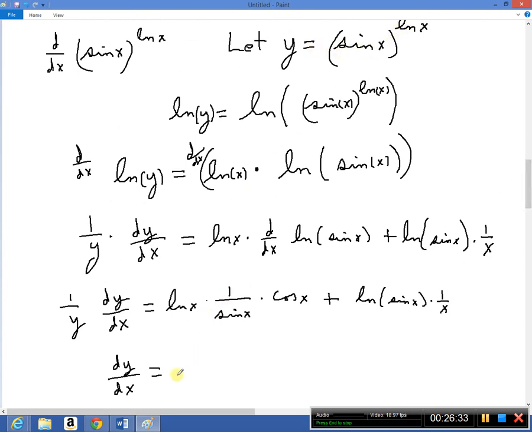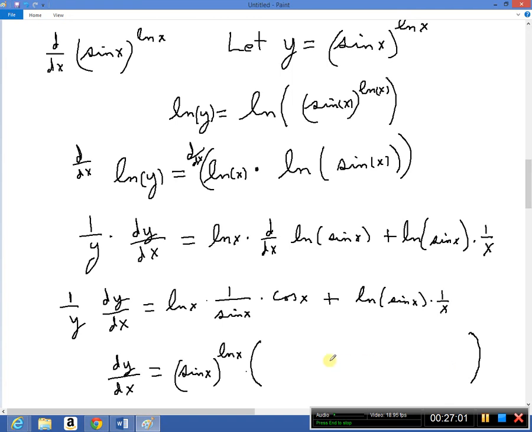So we just write sine of x to the log of x power times all this stuff. I mean, you're multiplying both sides by y to get rid of this 1 over y here so that we have dy dx all by itself. So you multiply both sides by y. Here's y, and here's the rest of that junk. I'm just going to put it in the parentheses here.